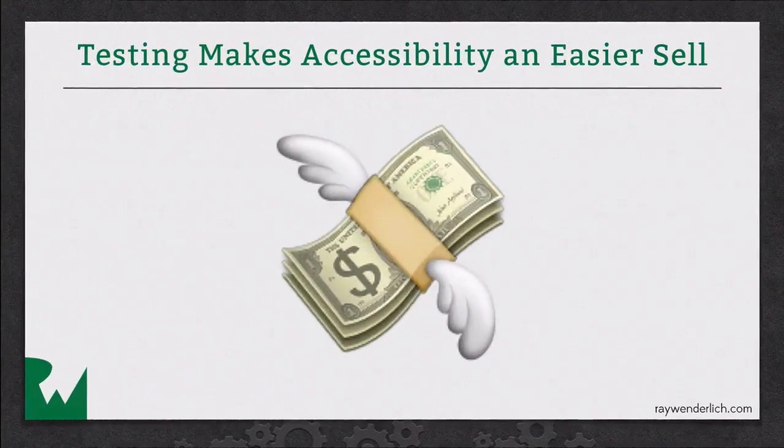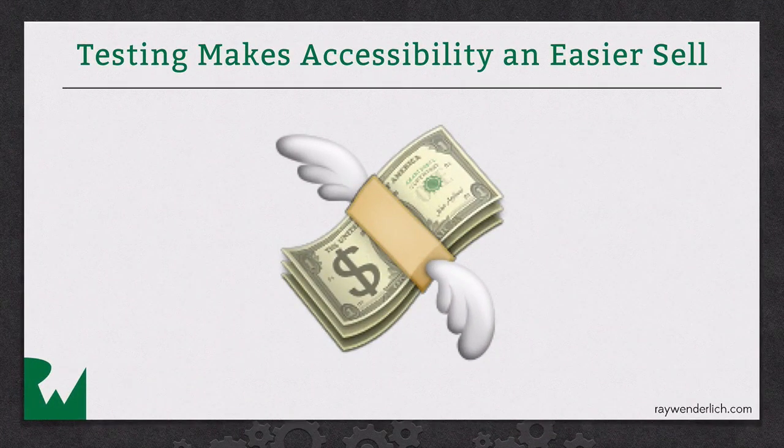So one thing I want to note before I go on, testing makes accessibility an easier sell to business people. This is something that I've really found a lot. And I've also seen the opposite, where accessibility actually makes testing an easier sell to business people. In my experience, business people are a lot more willing to see testing as a good investment than accessibility, because they sort of see the idea that, oh, our app is tested.